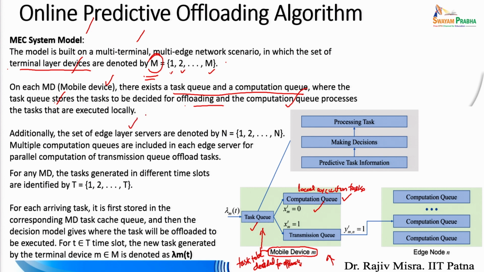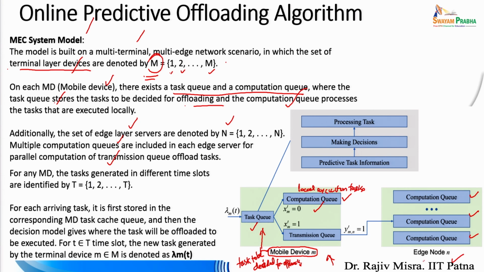Now, additionally, the set of edge layer servers are denoted by N, that is 1, 2, 3, 4 and so on. Multiple computation queues are included in each edge server for parallel computation of the transmission queue's offloaded tasks.